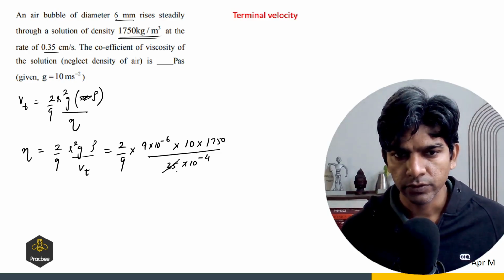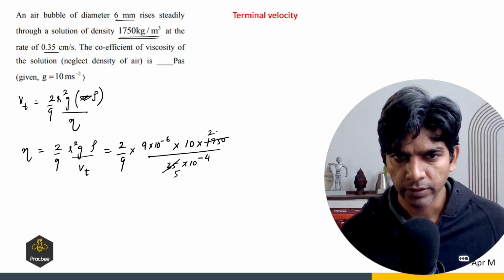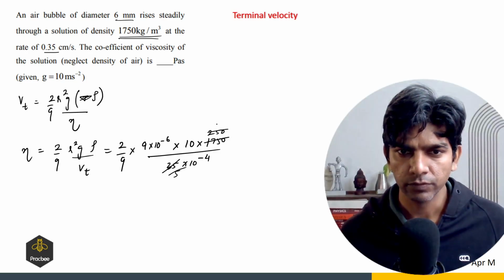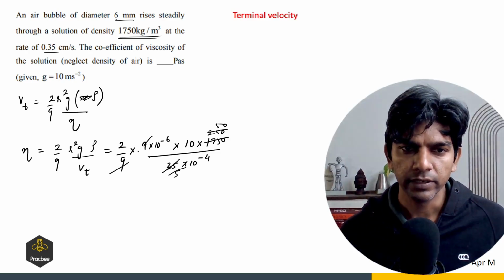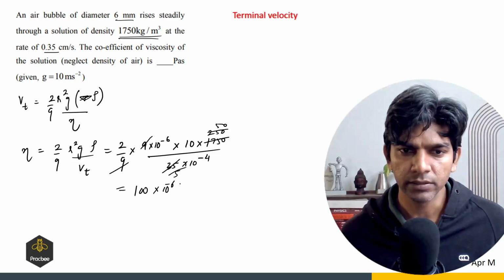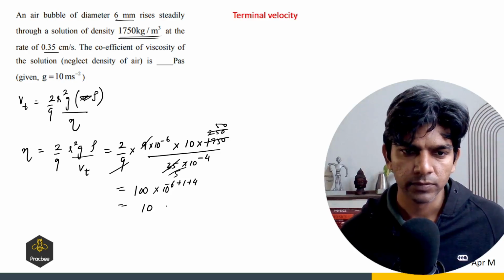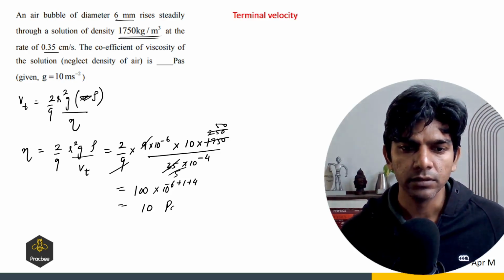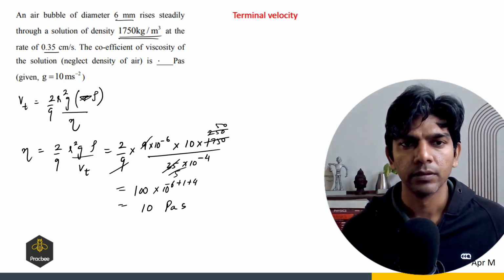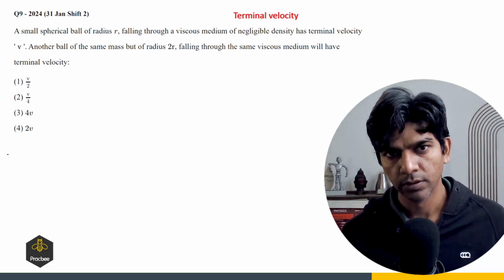So this will give us 5, and this will be 250. So this will be 50. 9 will get cancelled out. So we are getting 100 into 10 raised to power minus 6 plus 1 plus 4. So this comes out to be 10. So 10 Pascal second. So 10 is the answer of this question.